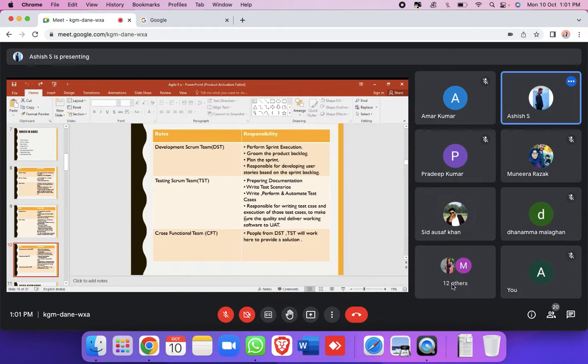Yes, sir. End-to-end testing can be written for system testing. Initially, if you write, you can execute it there. But in some cases, we relate to real-time scenarios in acceptance testing. That depends upon the approaches which we are following.